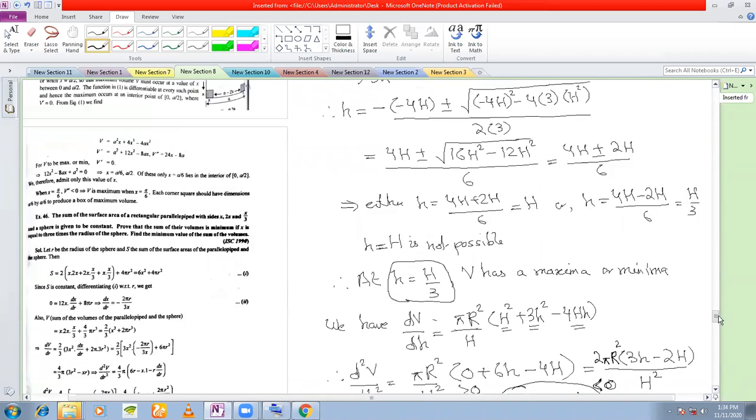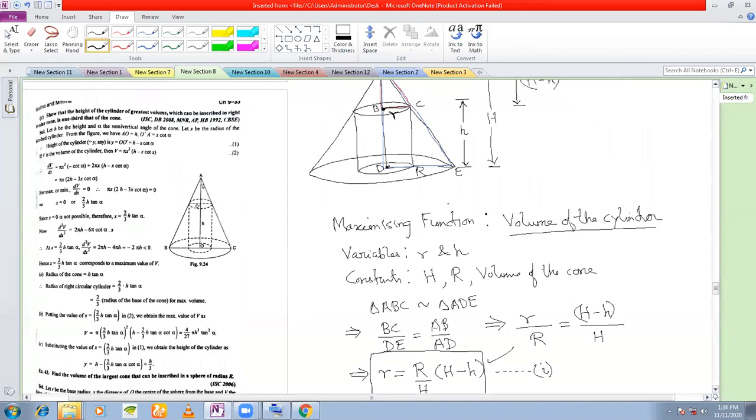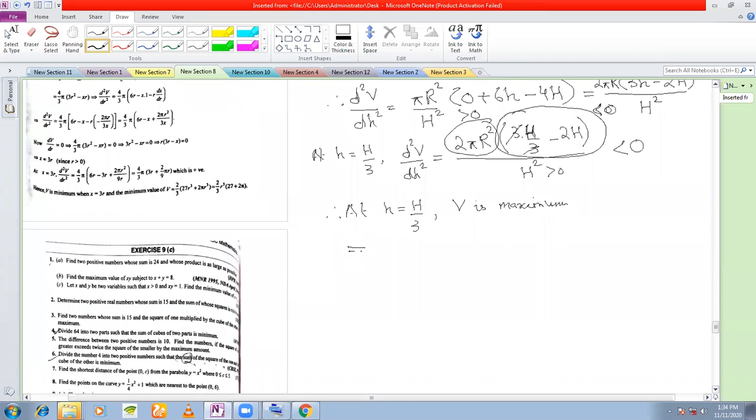So V is maximum. And what have they asked you to show? Our proof is complete. Show that the height of a cylinder of greatest volume which can be inscribed in a right circular cone is 1/3 that of the cone. So what do you see? h is equal to H by 3.